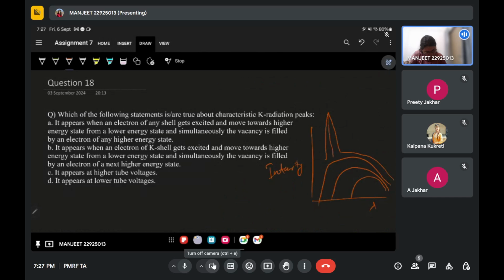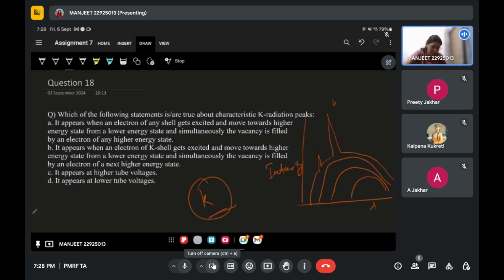This is the sharp peak, of this kind. This is the sharp one. This is not zero, but it is something here. It is also something, so this is your characteristic K radiation.